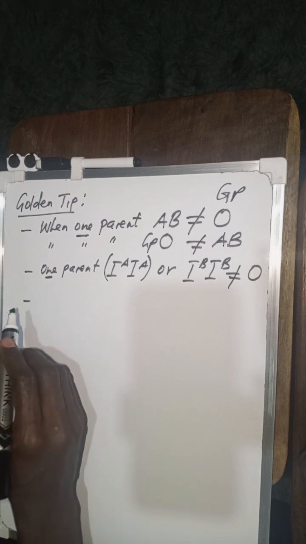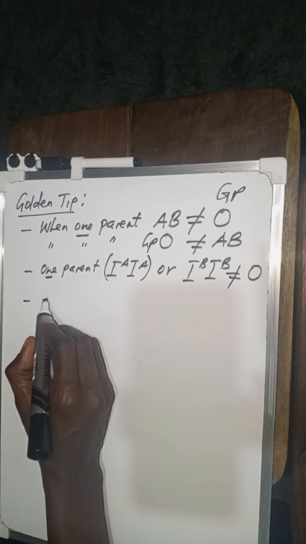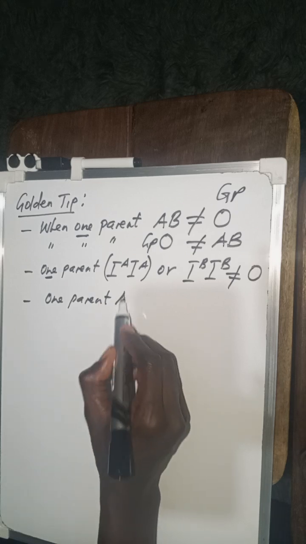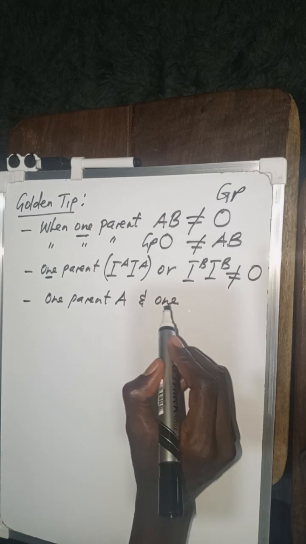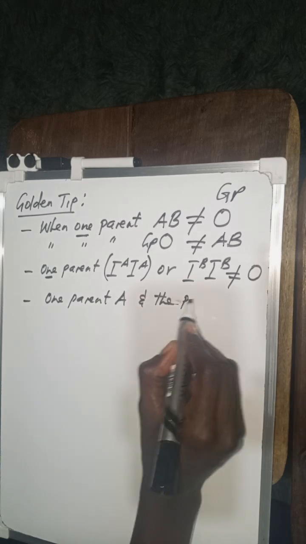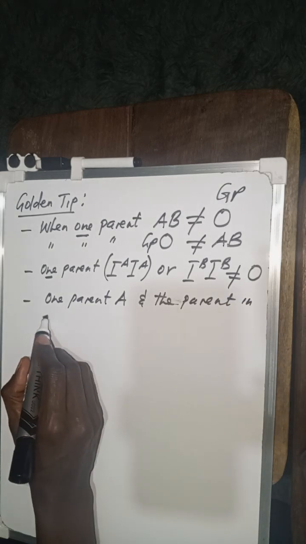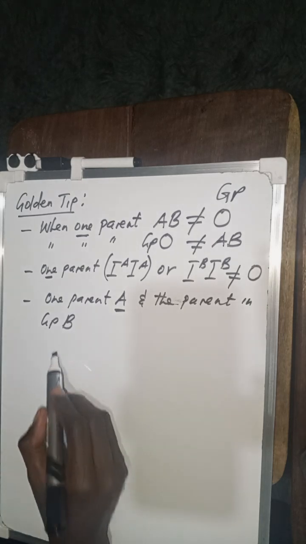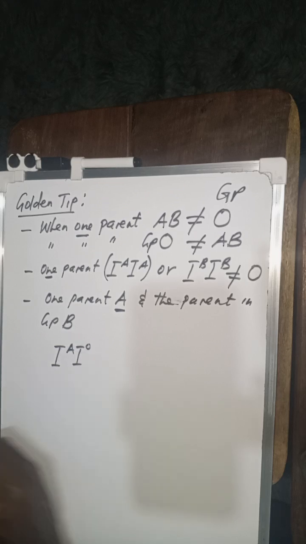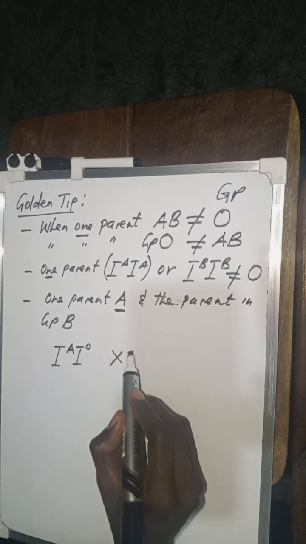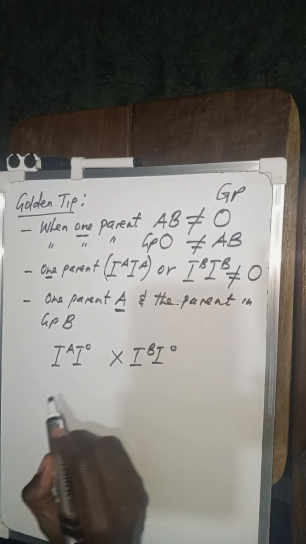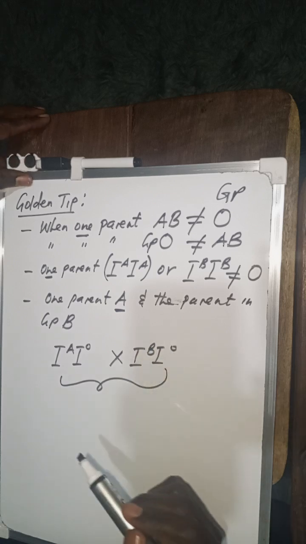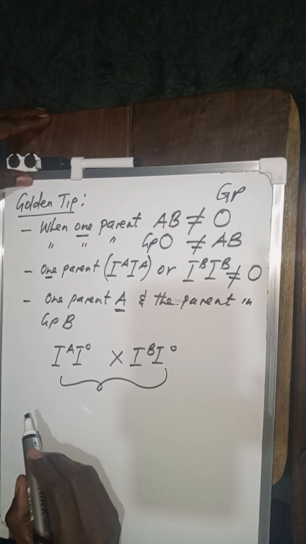But of course, it is possible if one parent is in blood group A and the other parent is in blood group B. For example, if the parent in blood group A is heterozygous for blood group A, and the other parent they are crossing with is also heterozygous for blood group B, such a combination can have a child of any type of blood group.